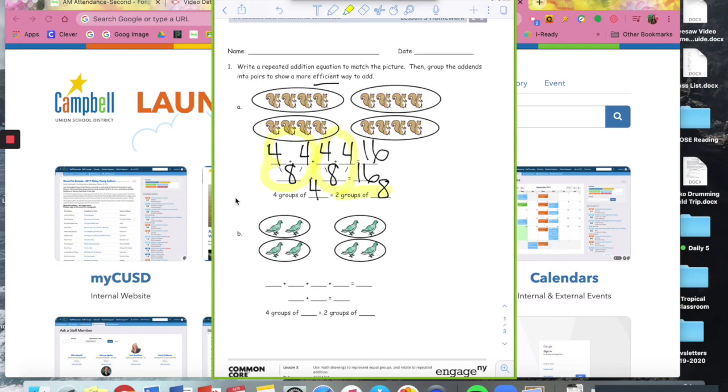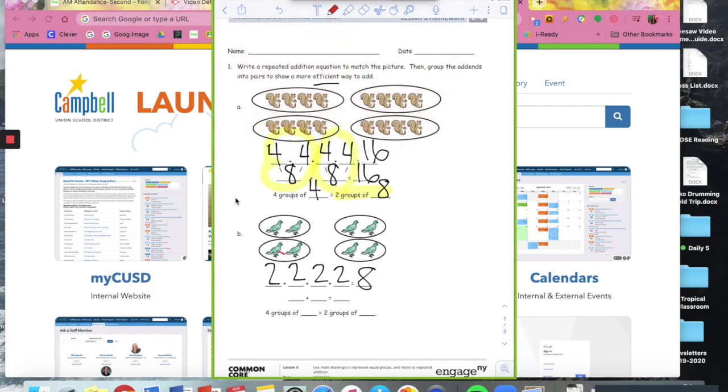Let's look at question B. I see I have 4 groups, and then there's 2 in each group. So I'm going to write 2 plus 2 plus 2 plus 2, which equals 2, 4, 6, 8. And then I'm going to do my doubles. So I'm going to combine, let's see, let me choose another color.